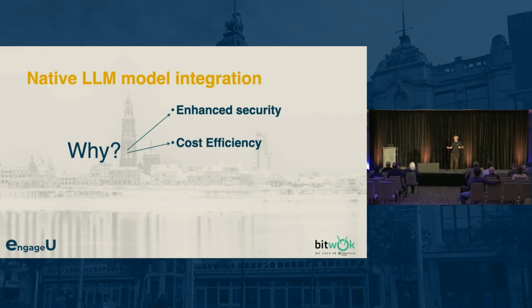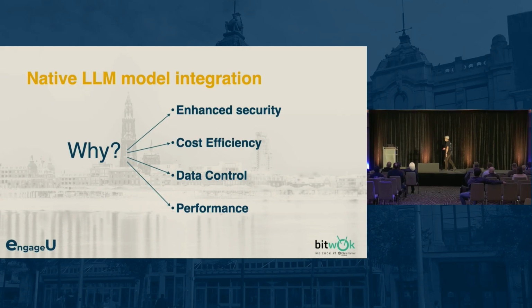When you have huge models in production, it costs quite a lot of money. With your own model integrated, it is much less expensive. Data control is also very important, because when you have your own model, you can control it through fine-tuning, with much more control than a general model that you don't integrate in your system.